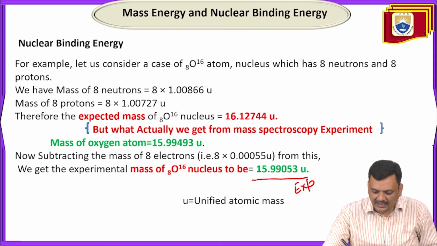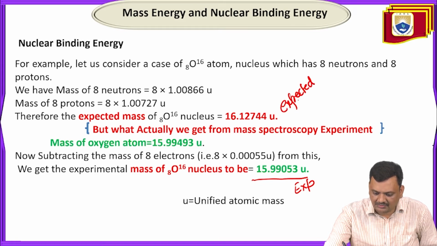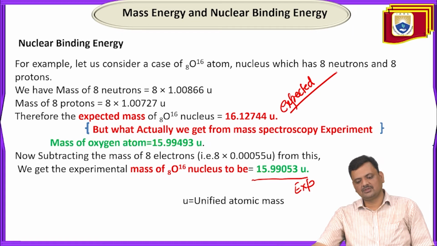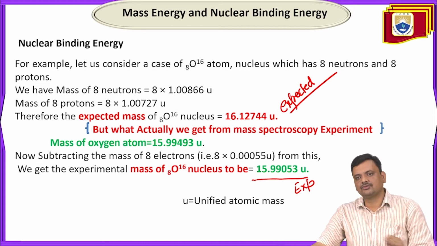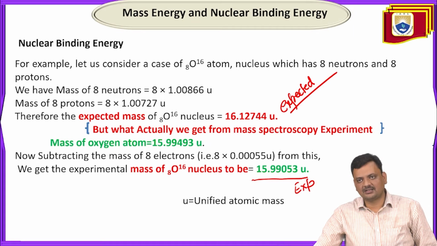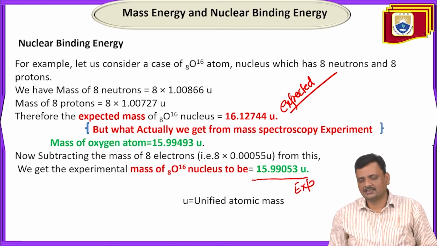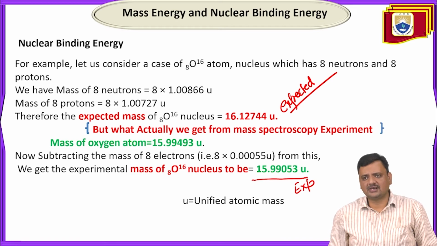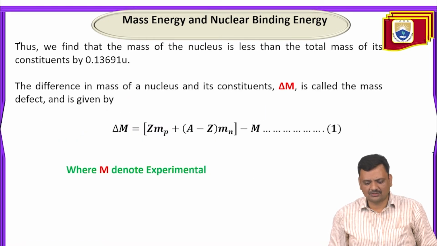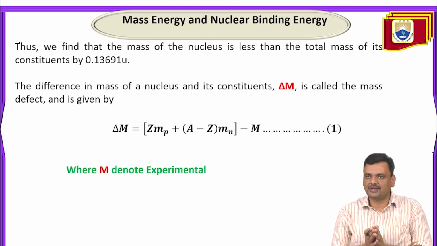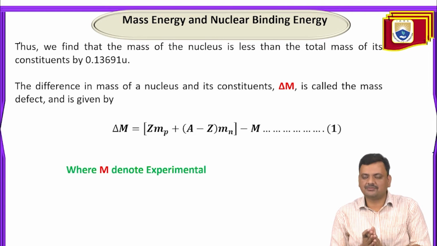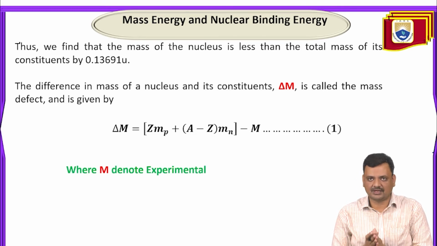This is the experimental mass, and this is the expected mass of the oxygen atom nucleus. So these two masses are not equal. There is some difference, and that difference is known as the mass defect.